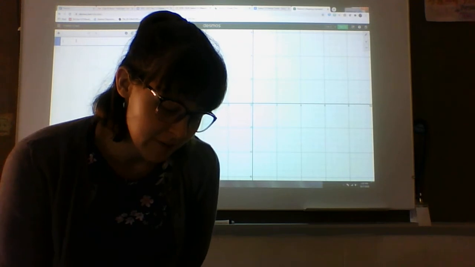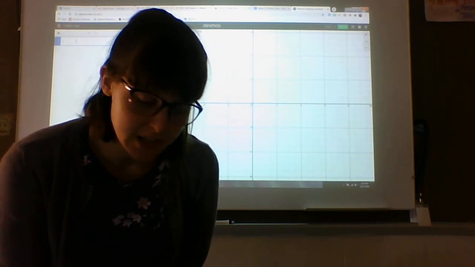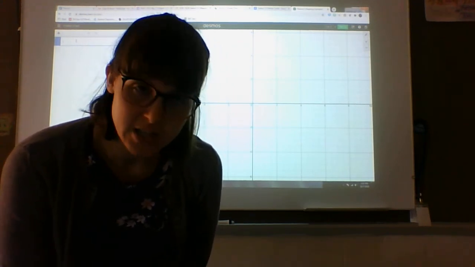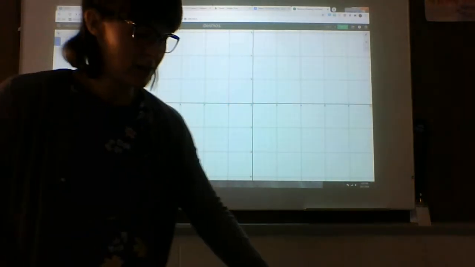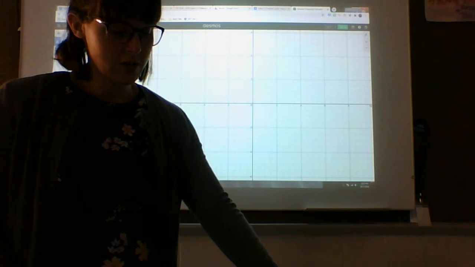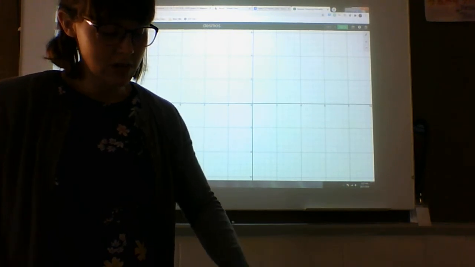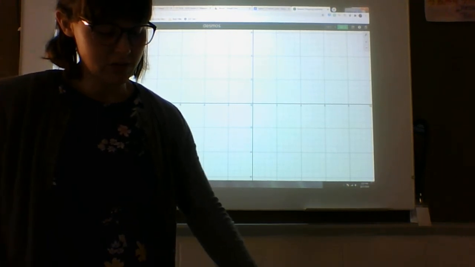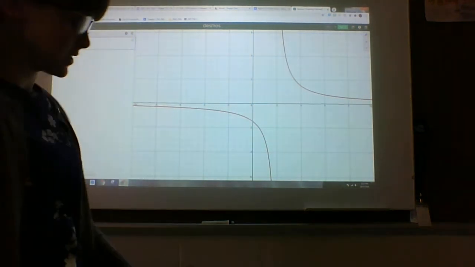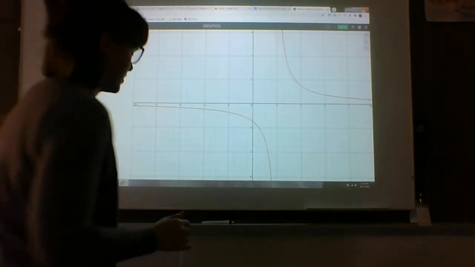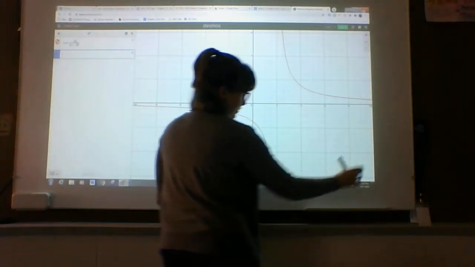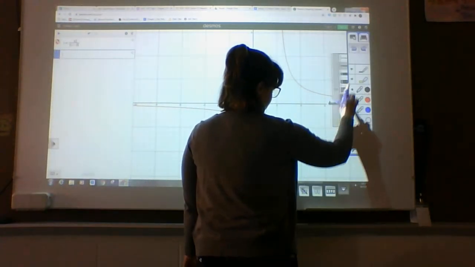It says let f be the function given by f of x equals 3 divided by x minus 2. I'm going to type that in this box here: y equals 3 divided by x minus 2. It might be a little too white, so I'm going to draw on it to show you better.